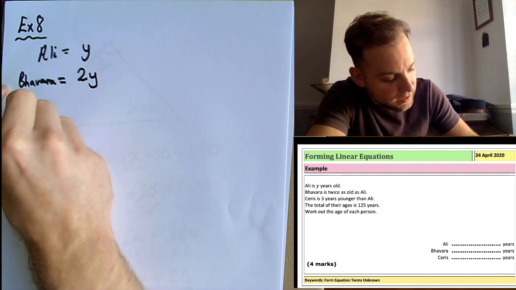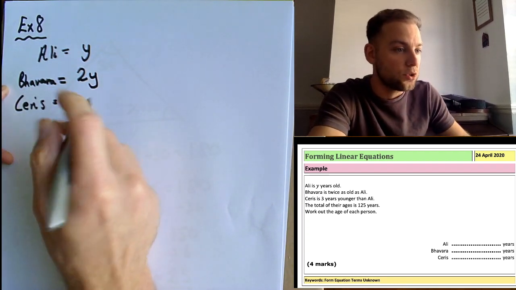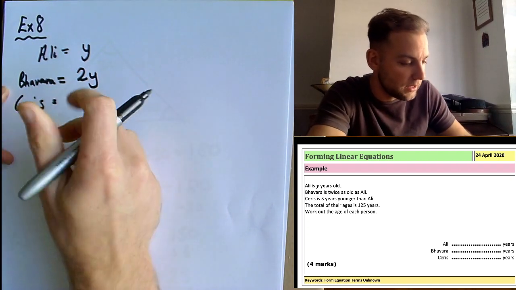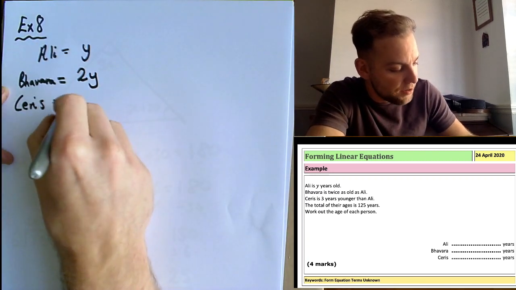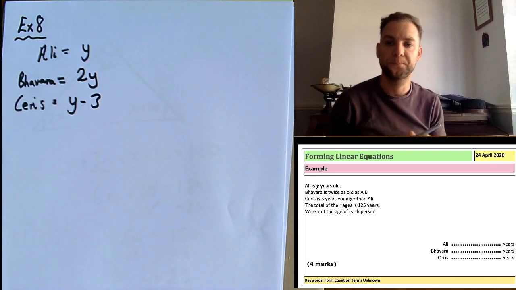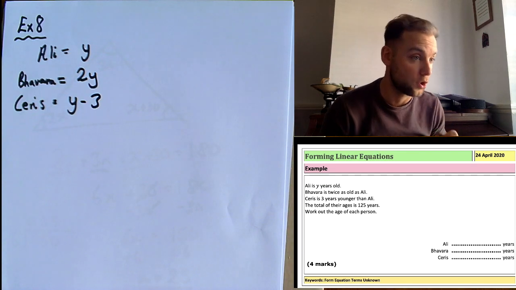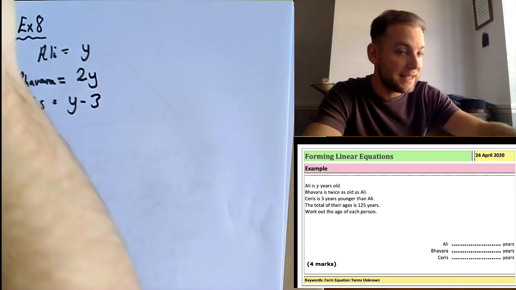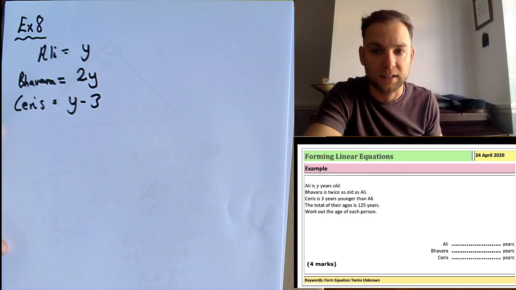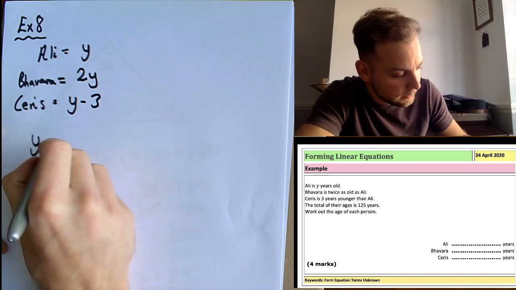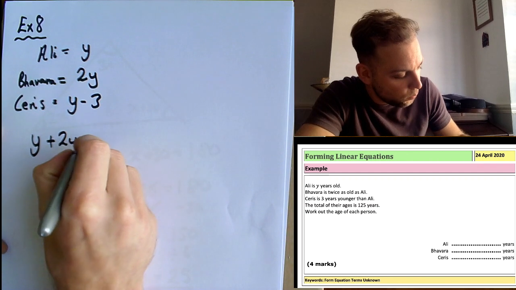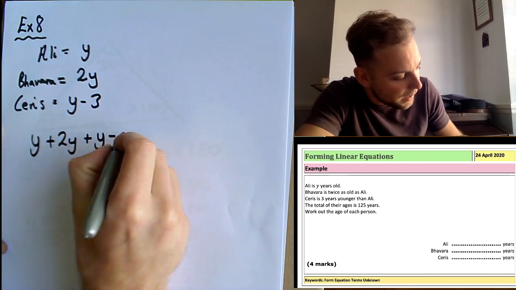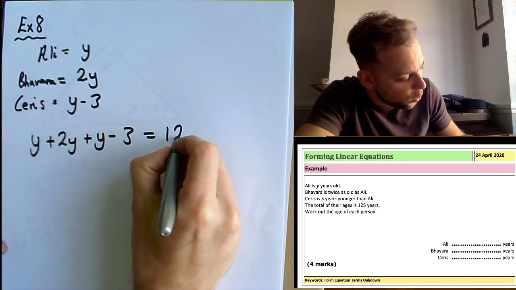And Keris is equal to, well, Keris is 3 years younger than Ali. So Ali is y, so Keris is y minus 3. Brilliant. So, with this one here, it says that the total of all of these is equal to 125. So I know that y plus 2y plus y minus 3 is equal to 125.